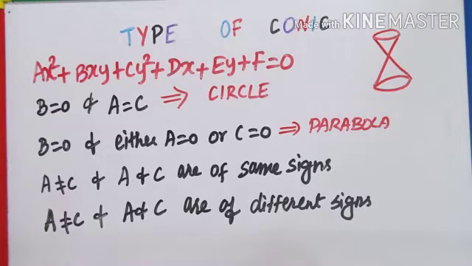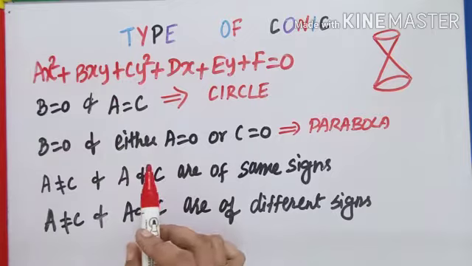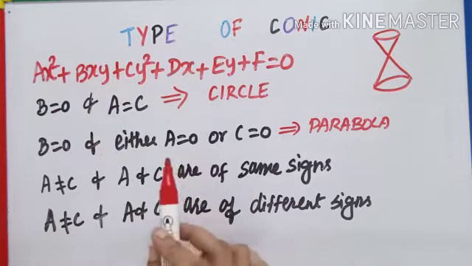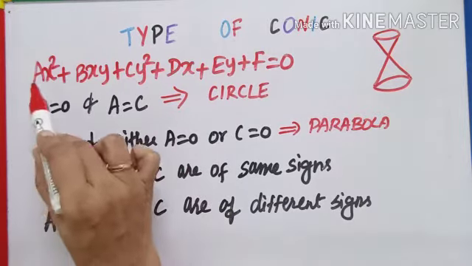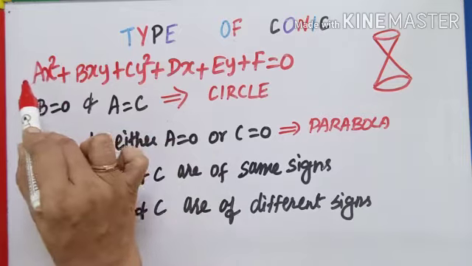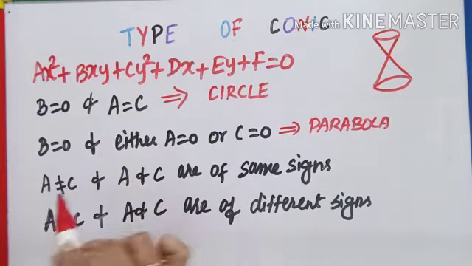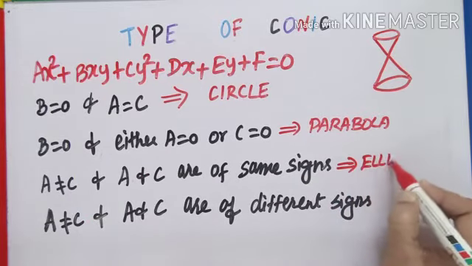The third condition, a and c both are present. They are not equal. If they are equal, it may become a circle. If they are not equal, both may have the same sign. This is plus, this is also plus, or this is minus, this is also minus. So same signs tells me it is an ellipse.